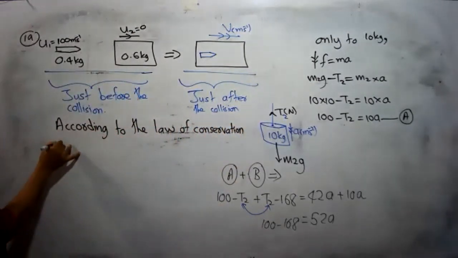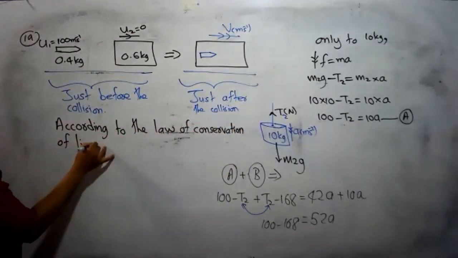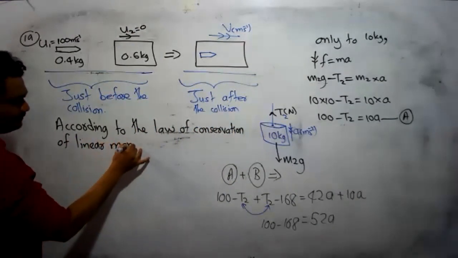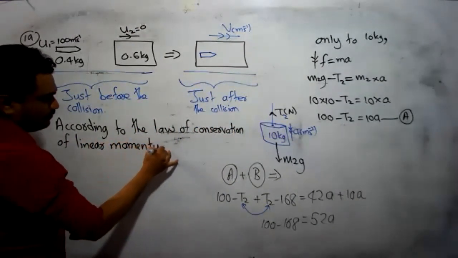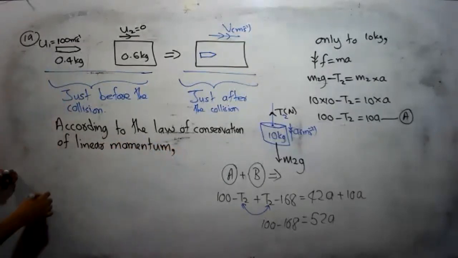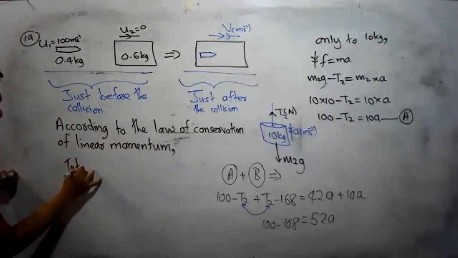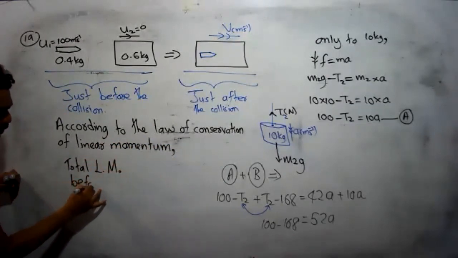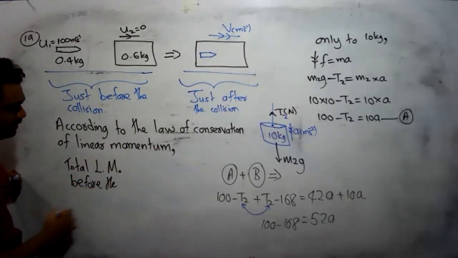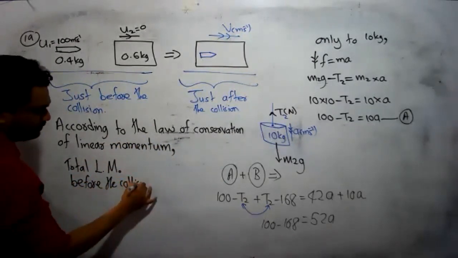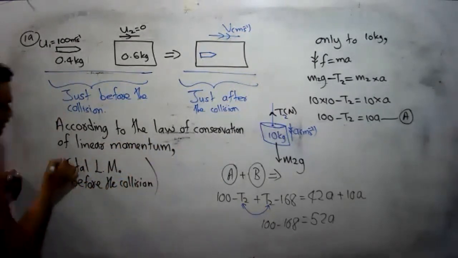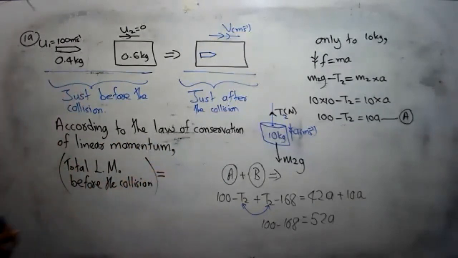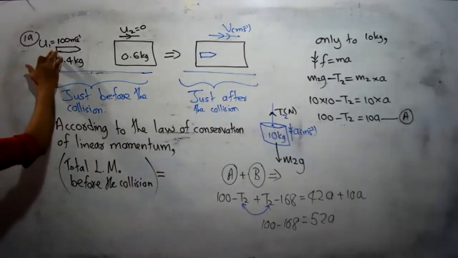According to the law of conservation of linear momentum, I can write that the total linear momentum before the collision equals the total linear momentum after the collision. Can you do the rest and find the velocity?